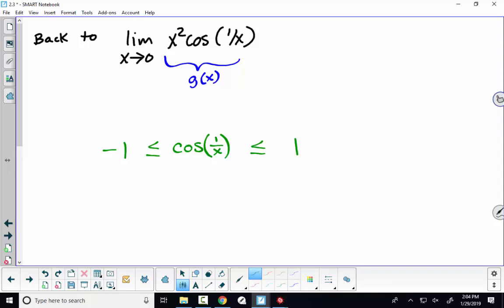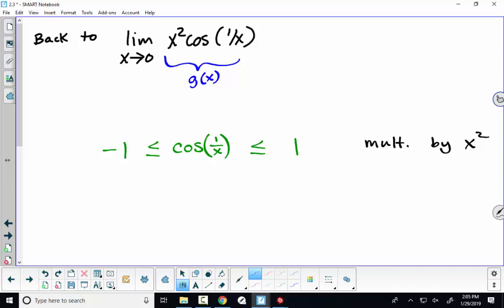What would we do to get the x squared in there? Multiply everything by x squared? Right. So if this is always true for any x value, multiply by x squared. Now, when would that sort of defeat the purpose, if x squared were what? 0. If x squared were 0, because we would have 0 is less than or equal to 0 is less than or equal to 0. Do we have to worry about x being equal to 0?